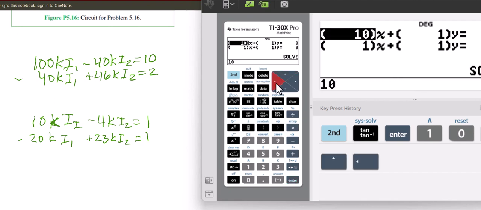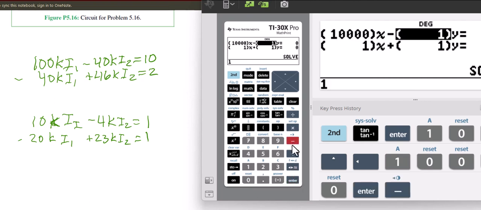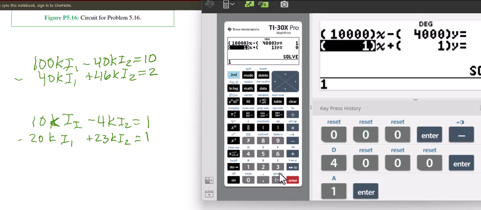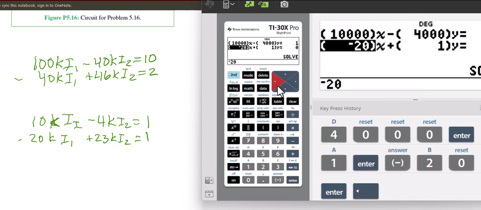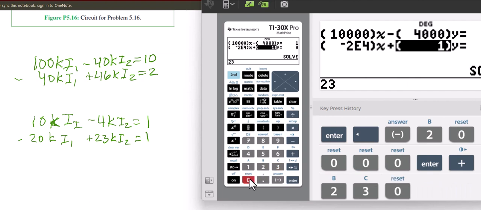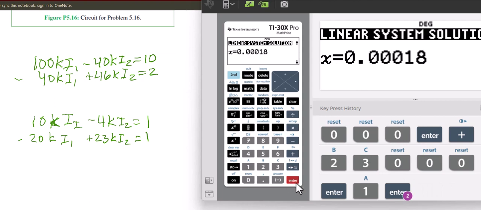Except that was 10,000. That was 20,000. And hey, I think I got the right answer.